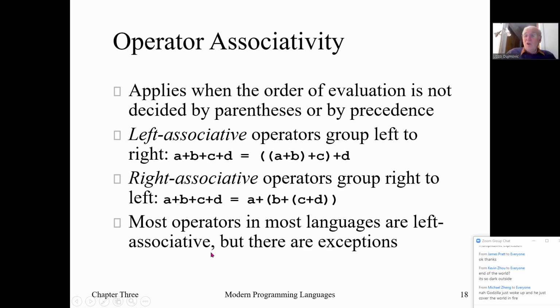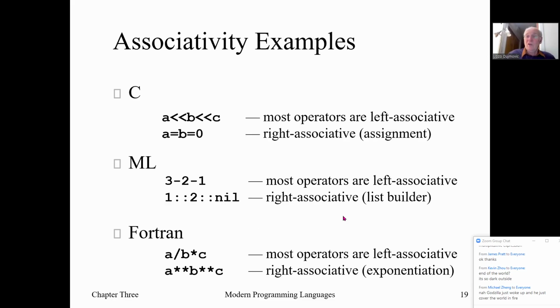So most operators in most languages are left associative, but there are exceptions. For example, an exception that everybody knows is assignment in C, C++, and Java. So if you have assignment A equals B equals 0, how does this work?